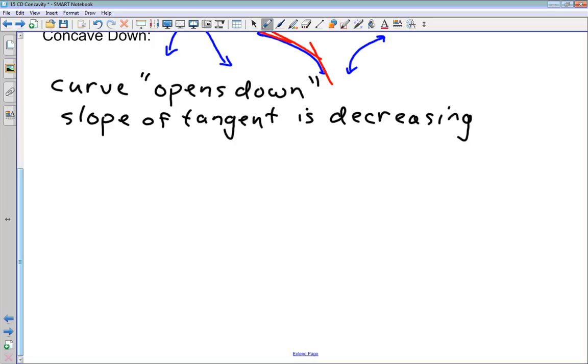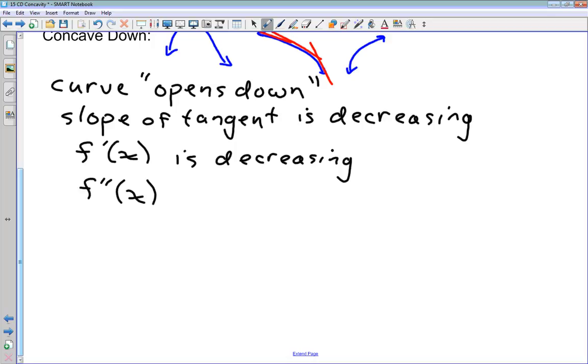What describes the slope of the tangent? Well, our first derivative. So our first derivative is decreasing. What describes the change in our first derivative? Our second derivative. So if our first derivative is decreasing, our second derivative must be less than 0, or negative. So if our second derivative here is negative, our curve is concave down.